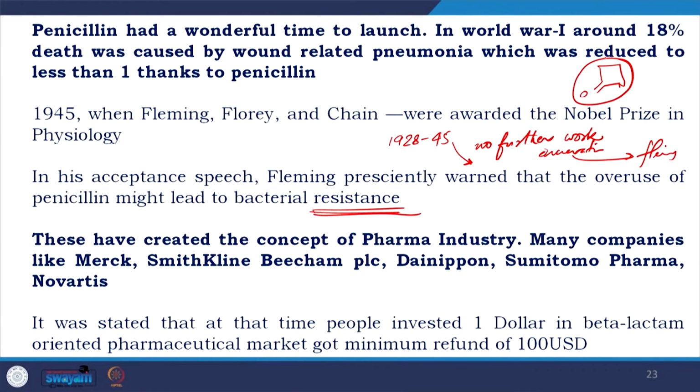It would not be exaggerated to say that the concept of the pharmaceutical industry started with the innovation of penicillin. It was also stated that at that time people who invested $1 in the beta lactam oriented pharmaceutical market got a minimum refund of $100, a minimum.